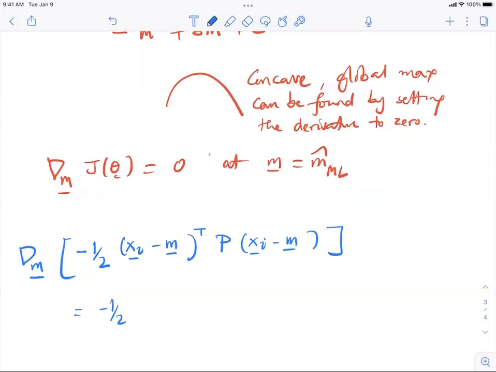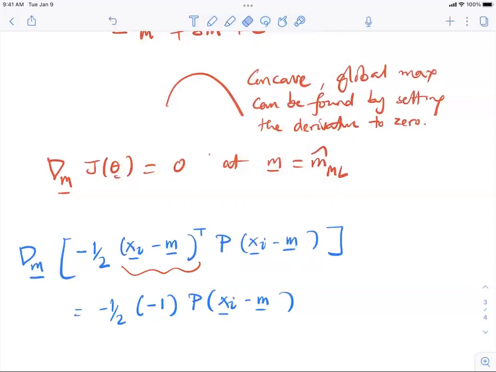And when I take the gradient with respect to m of this term, I'll get just a negative sign. So I'll have a minus sign there times P times x_i minus m. That's when I differentiate this term with respect to m while not touching this other term.